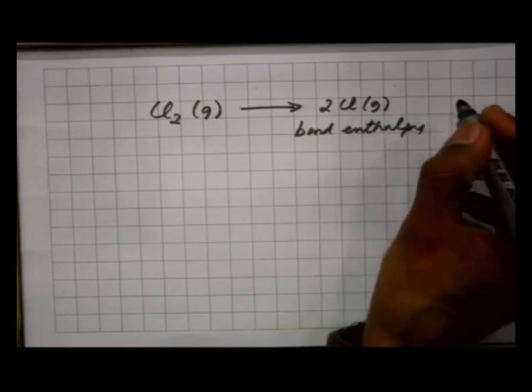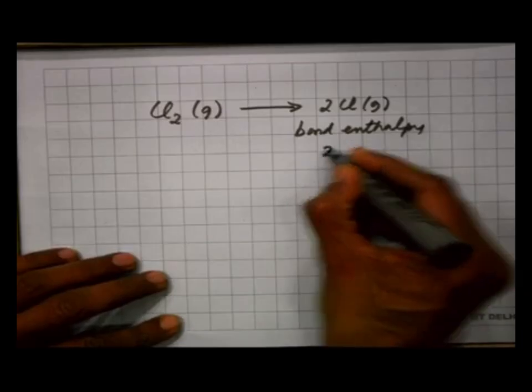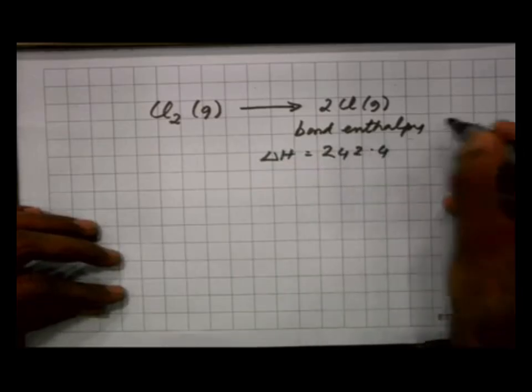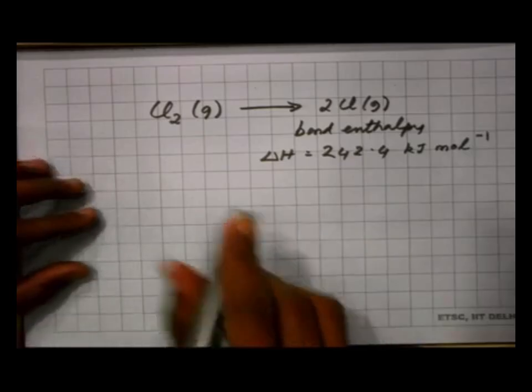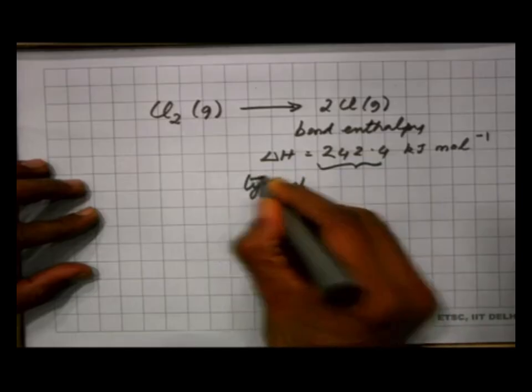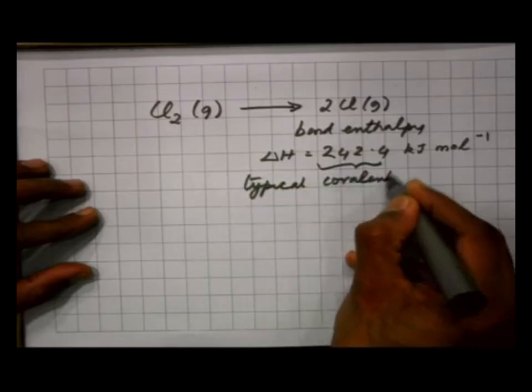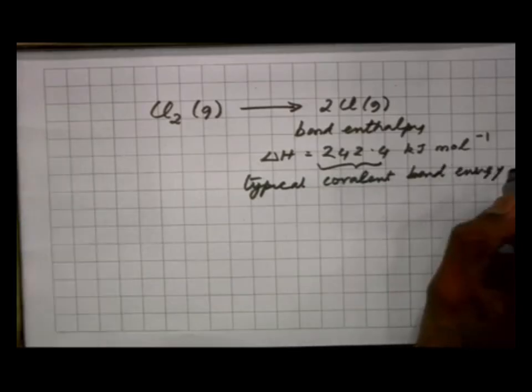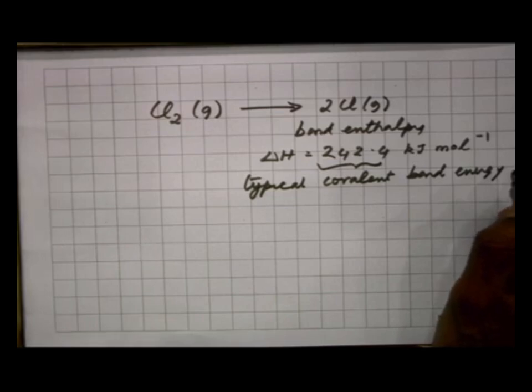And this bond enthalpy for Cl2 happens to be 242.4 kilojoules per mole. So, this is the typical covalent bond energy. And if somebody asks you this, approximately 100 to 400 kilojoules per mole is a typical bond energy.